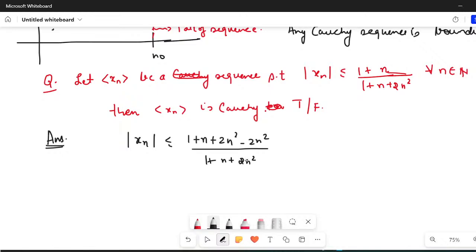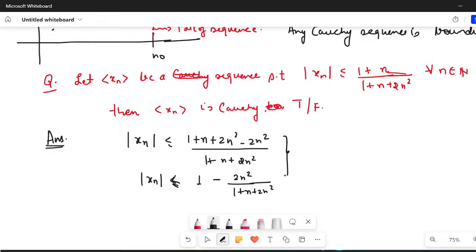It implies modulus of xn is less than or equal to 1 minus 2n square upon (1 plus n plus 2n square). I don't think this is going to yield you any answer, right?